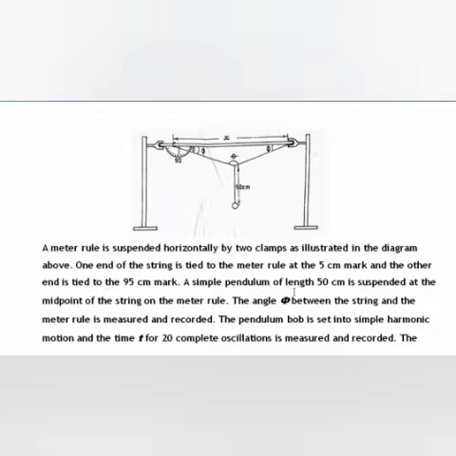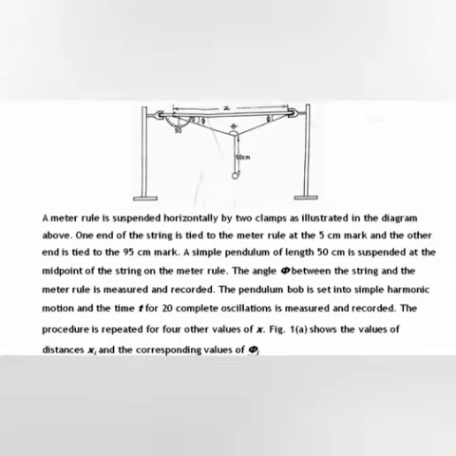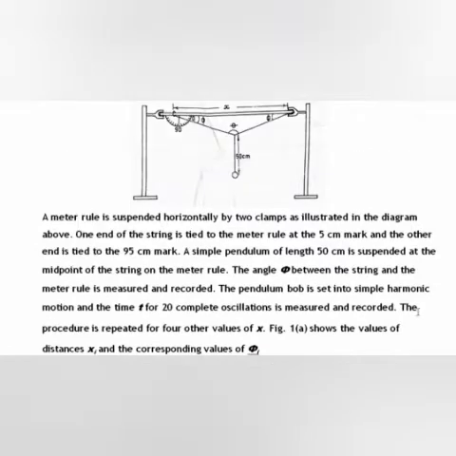The angle phi between the string, so you can see the angle here, there are two, one on the right and the other on the left, and the meter rule is measured and recorded. The pendulum bob is set into simple harmonic motion and the time t for 20 complete oscillations is measured and recorded. The procedure is repeated for 4 other values of x.